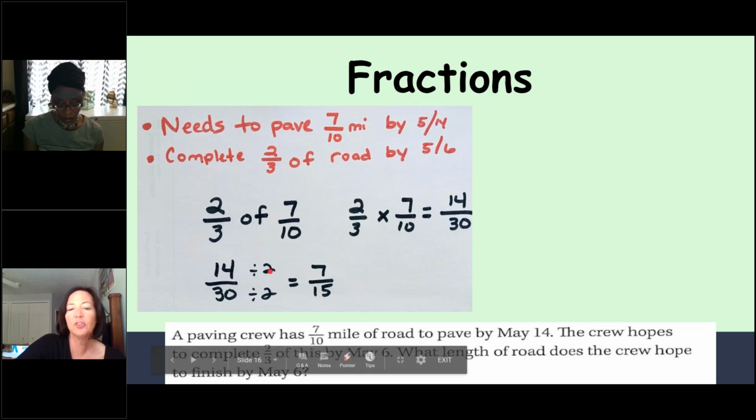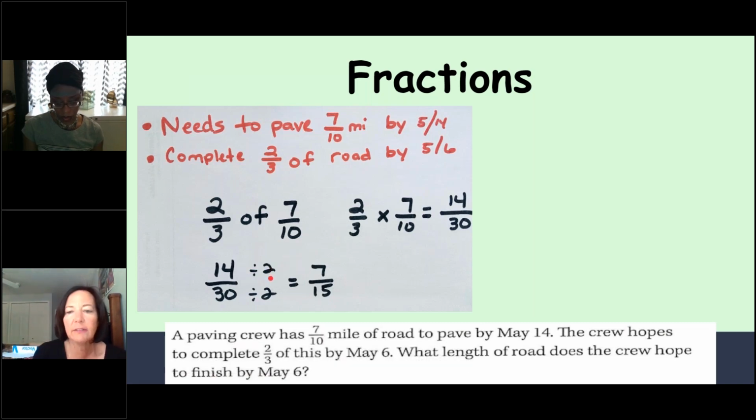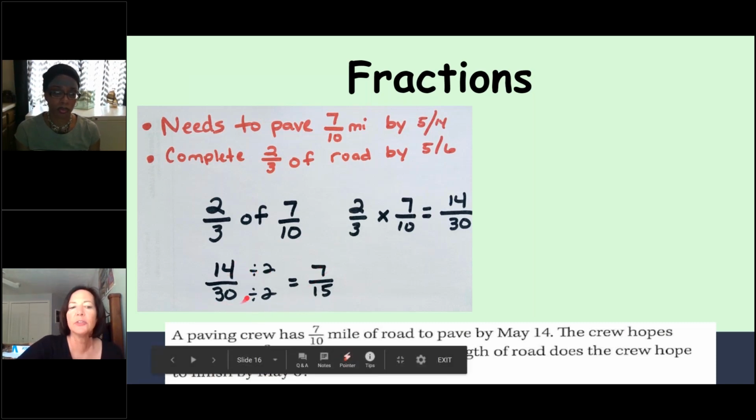We can do that because 2 over 2 in a fraction just has the value of 1. So maybe if you had a place to show the 2, it would be easier to see 14 divided by 2 is 7, 30 divided by 2 is 15, which you knew all that information. It's just to write it down in an organized way.